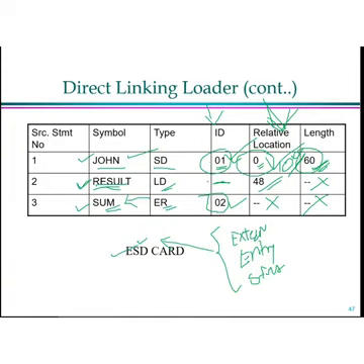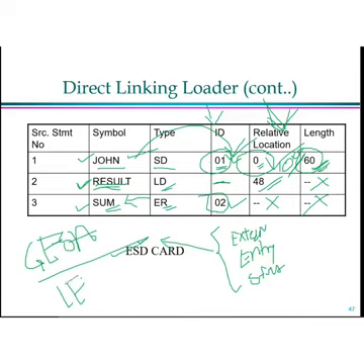Right now, I have just given a linking information between two tables, ESD card and RLD card, right? But in future, when you start learning direct linking loader, two more tables you will learn. GEST table and LESA table. So they are maintaining only integer fields. So symbol dependency resolved by these integer fields. तो यहाँ पे ये जो फर्दर टेबल्स क्रिएट होंगे, इनमें आपको ये आईडीज यूज करने हैं. So keep patience till I explain the direct linking loader design, where we will create these two tables in which you are going to utilize these IDs.